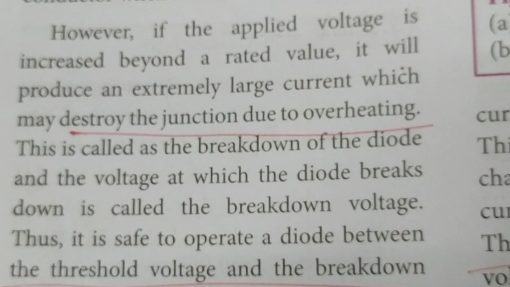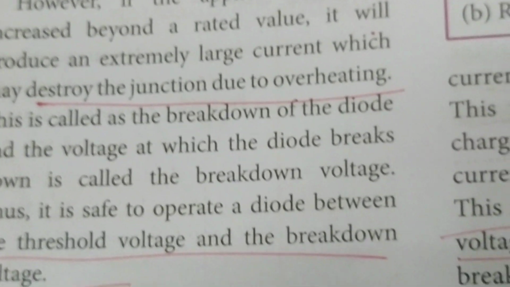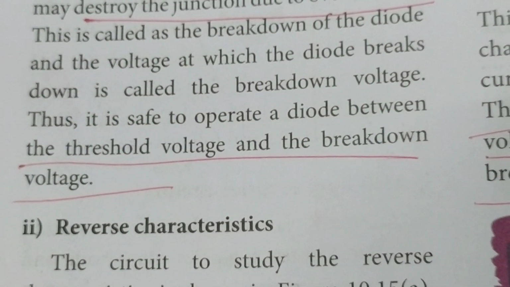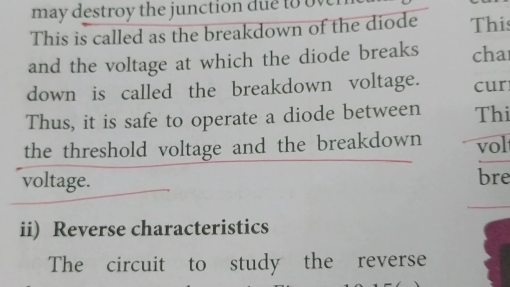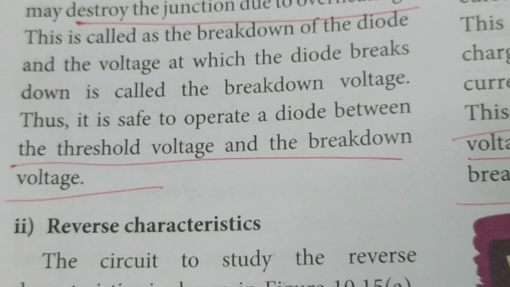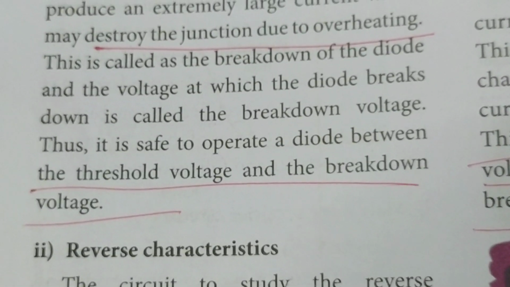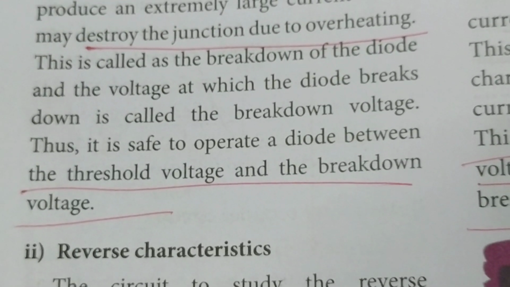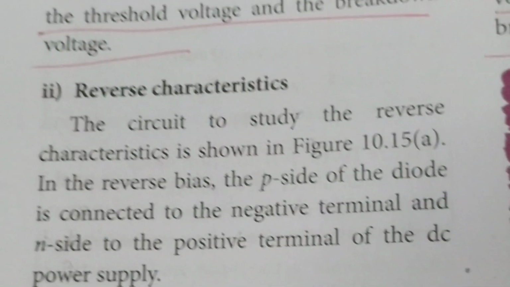This current is called breakdown current, and the voltage at which the diode breaks down is called breakdown voltage. And usually it is safe to operate a diode between threshold voltage and the breakdown voltage. Threshold voltage is the voltage at which the current begins to increase, and breakdown voltage is the voltage at which there will be complete destruction of the junction due to overheating. So it is safe to operate in between the threshold voltage and the breakdown voltage.